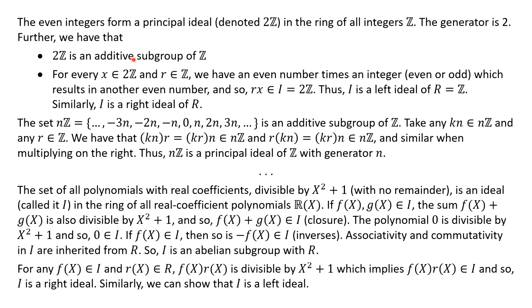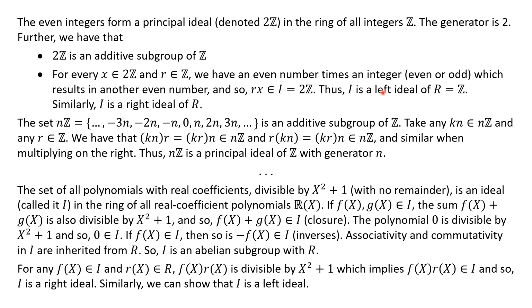Then we want to show the absorbing property, which I've talked about down here. For every x in 2Z and r in Z, we have an even number times an integer r, which could either be even or odd, but in either case, when you multiply an even times another integer, you get an even number. So rx is an element of our ideal 2Z.